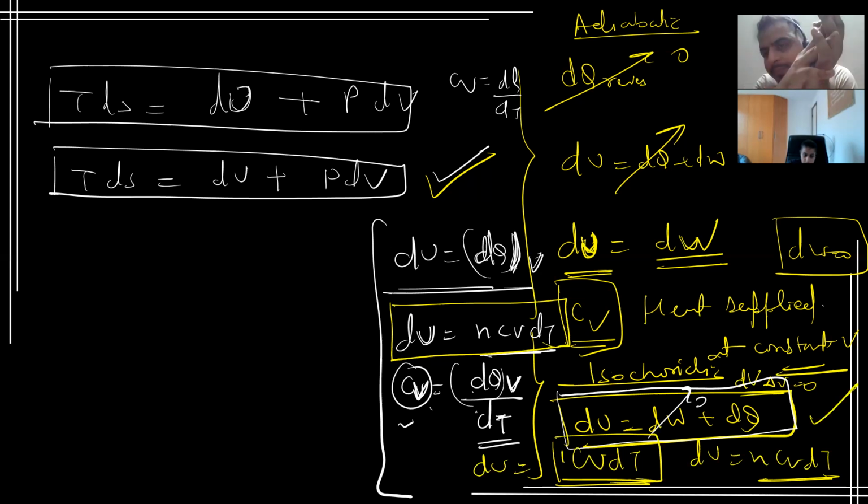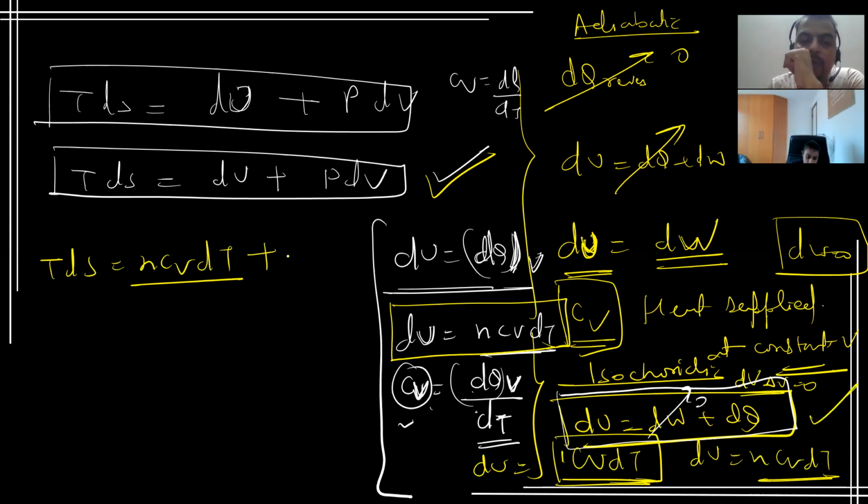Got it? Okay. So dU is equal to nCV dT, so in place of dU you put nCV dT. And what is pressure?